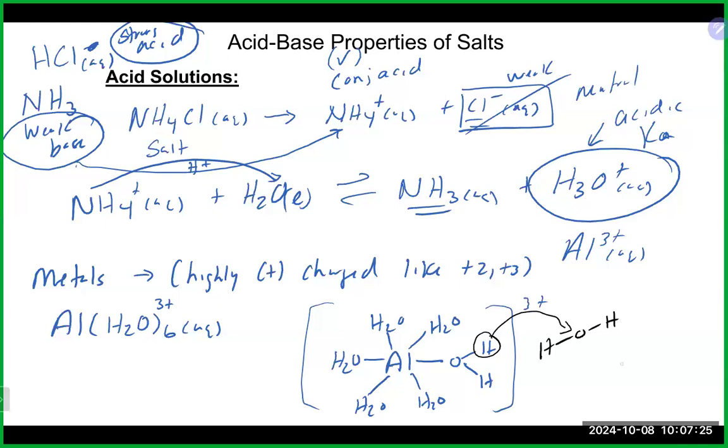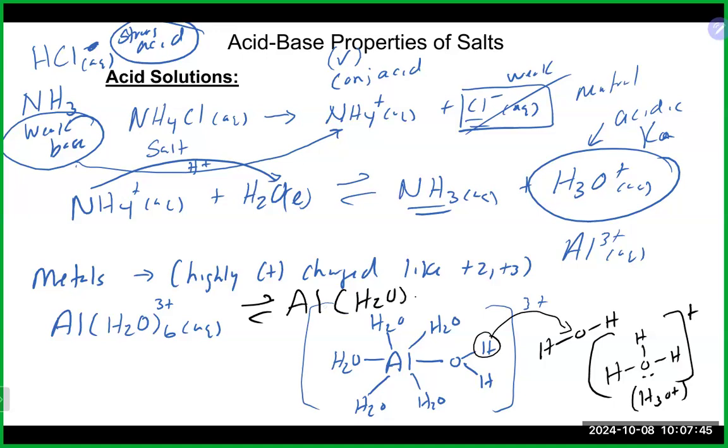The result is this other water picks up an H plus and becomes H3O plus, the hydronium ion. We still have all 5 of the other waters intact, but we lost one of the H's off the sixth water, which leaves an OH minus. That gives us a funky looking species like that in terms of what's produced.